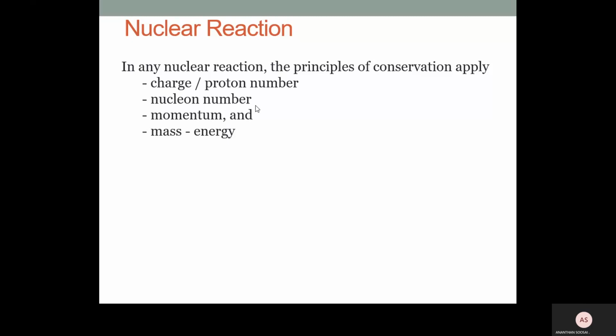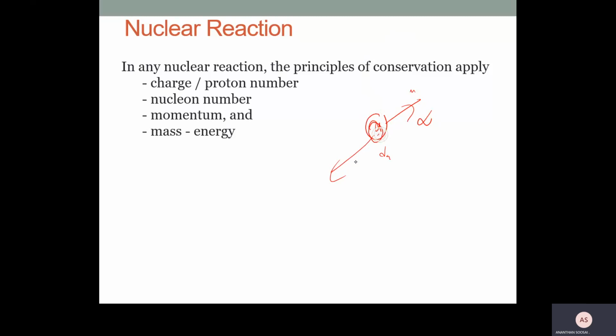Okay. Do you realize momentum is conserved? In a nuclear reaction, momentum is constant. It means what? Let's say you have a parent nucleus of uranium. Suddenly, it gives out an alpha. Then the new nucleus formed, which is the daughter nucleus, will move back because the alpha has a huge momentum.